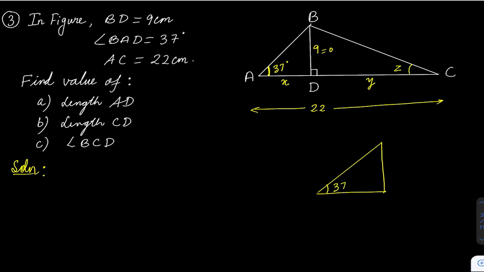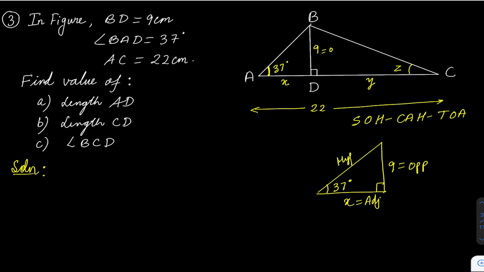So this is my 37 degrees. This is my 9, which is my opposite. And this is X, which is adjacent, which I have to find. That's the question. So again, let's first write SOHCAHTOA. And we have named the opposite and adjacent.